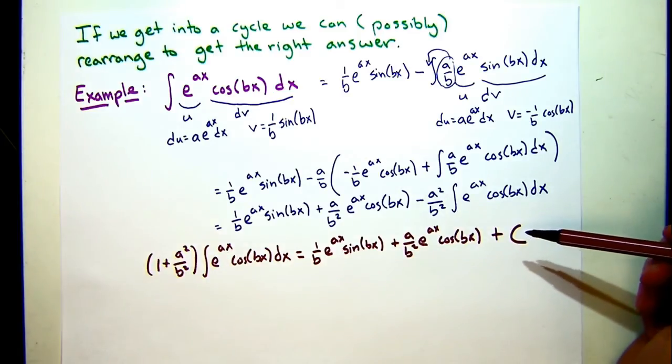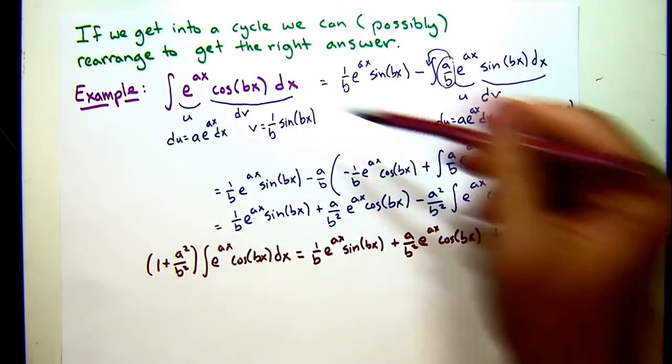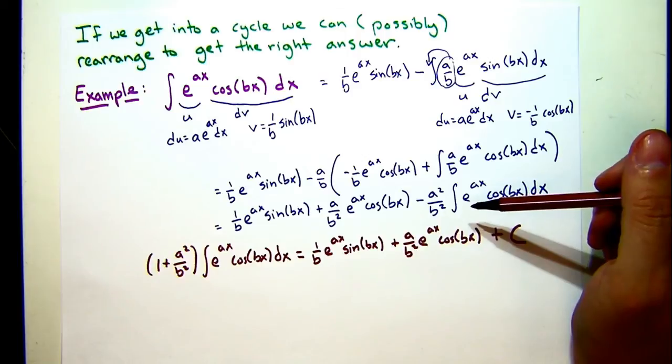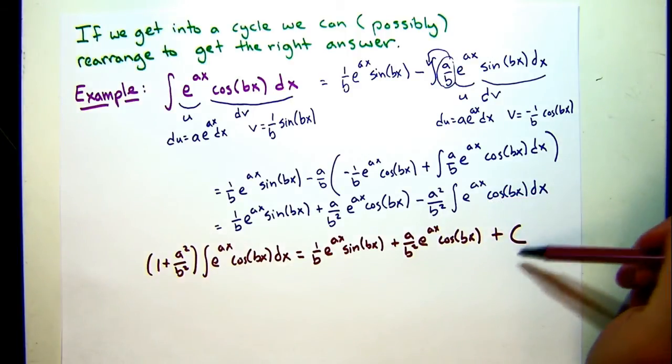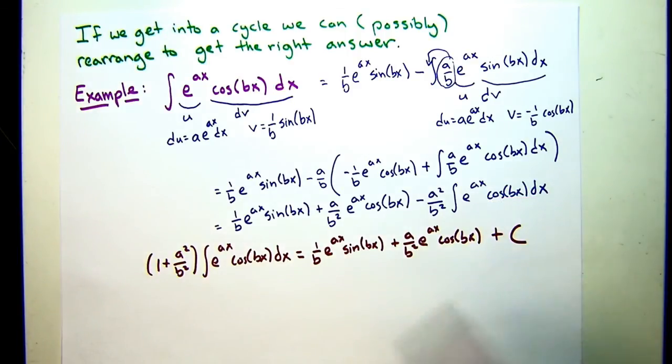Now where did the c come from? The c came from the same idea that we talked about when we had that crazy 0 equals 1 problem. These integrals aren't quite the same. They differ by a constant. So that's where my c comes from.